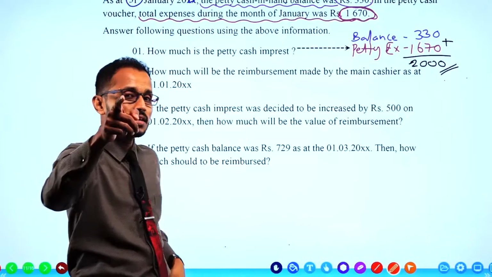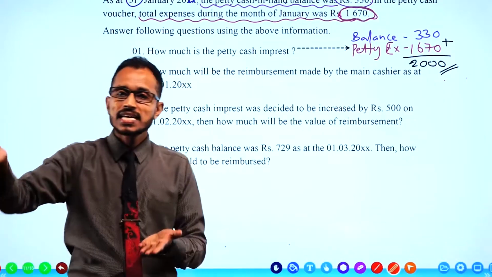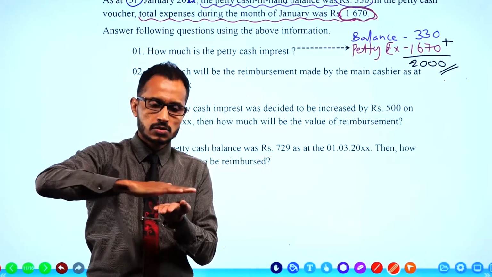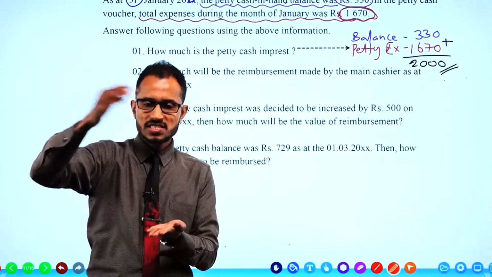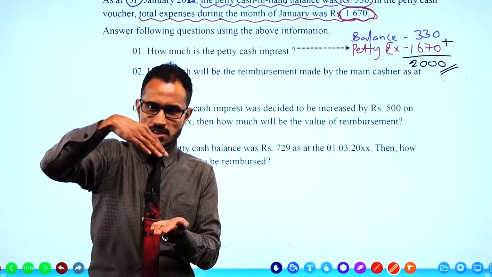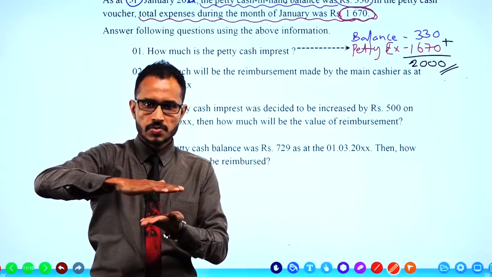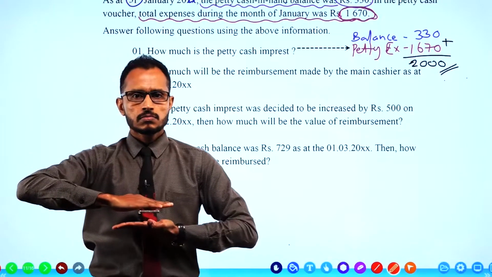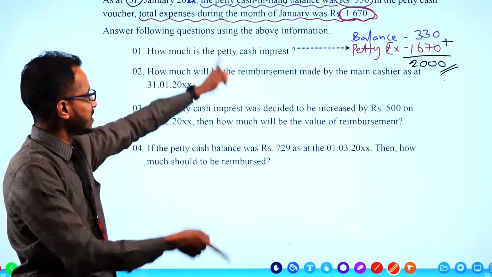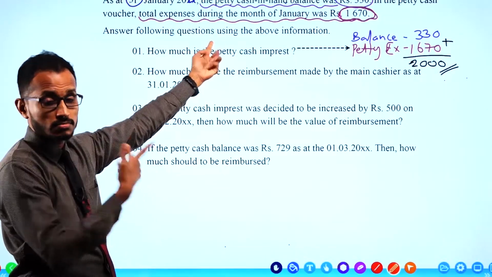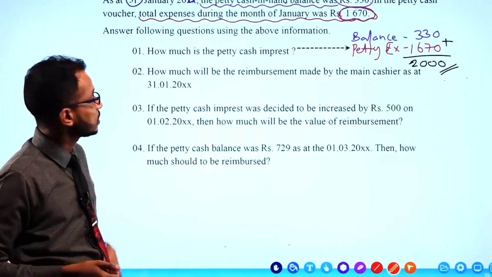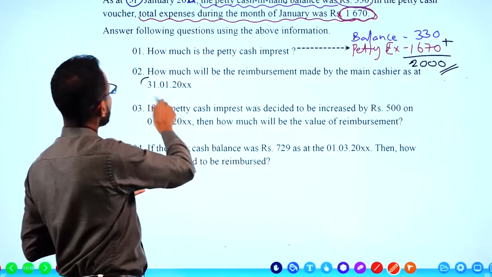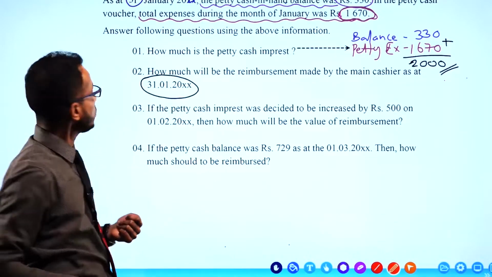How much is the amount needed to refill the imprest? Okay. How much? The amount which was spent. That is the reimbursement. So, how much will be the reimbursement made by the main cashier as at 31st January?